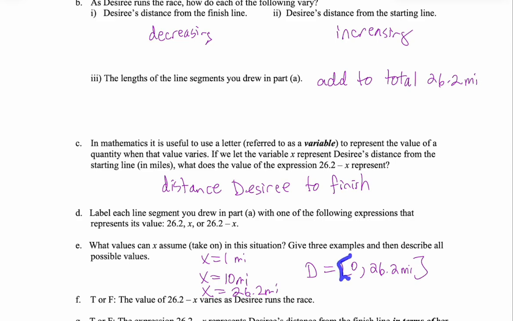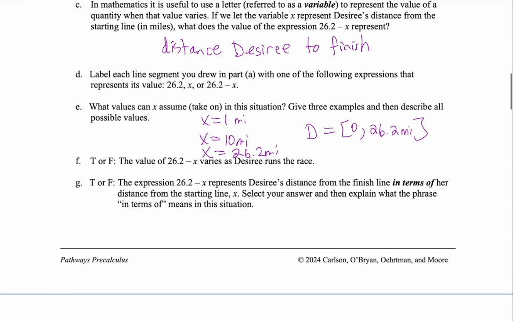So that means 0 and 26.2 are valid options. In this interval notation, which we will touch upon more as we go, this is the start of the interval, this is the end of the interval, and it can be any decimal value in between. So interval notation can only be used if you can use every single value from A to B. And so that's what that looks like, okay?